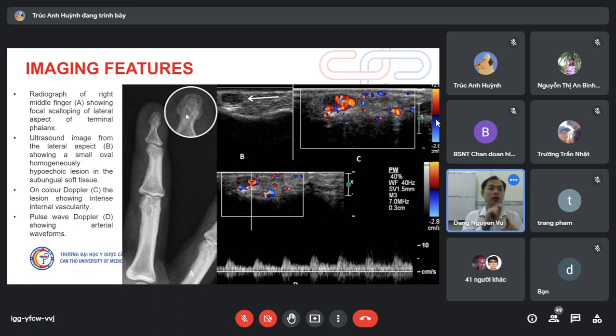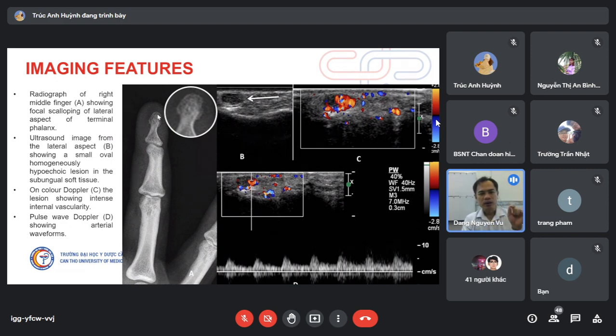There is a subtle change of the bone of the distal phalanx, a translucent area. This is inhomogeneous density of the distal phalanx. You see the differences between the cortex and the medulla and the body of the distal phalanx.